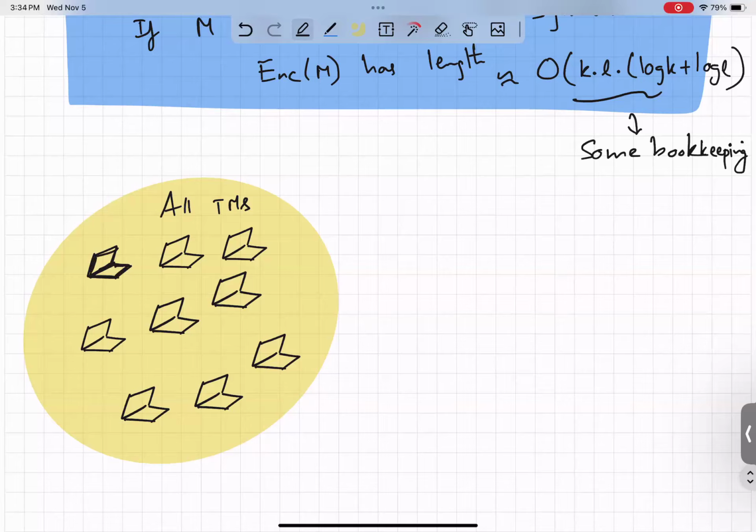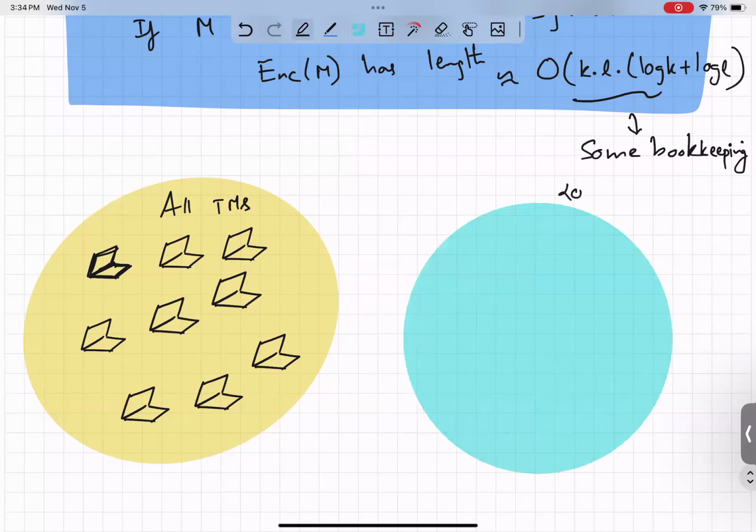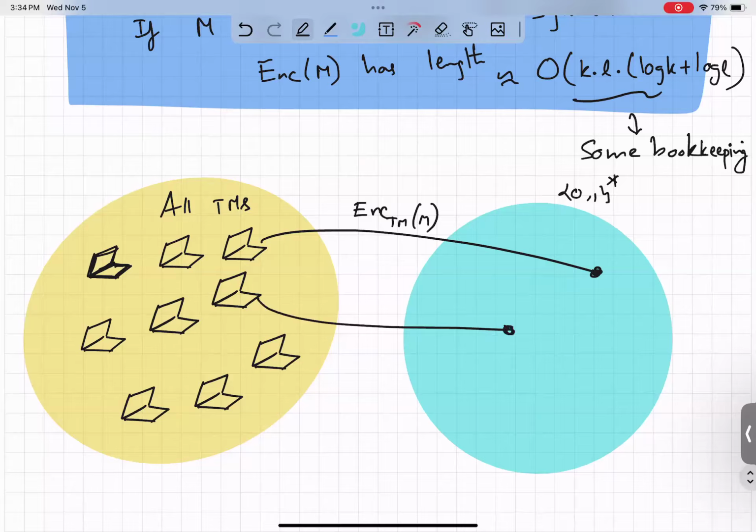Yeah, maybe this is better. All right, so you have a bunch of Turing machines, all possible Turing machines, and we have binary strings. Okay, and encoding maps each one to a unique string here. Maybe this goes here, this goes here, this goes here, and so on. Okay, so proper encoding, so every machine gets mapped to a different string.